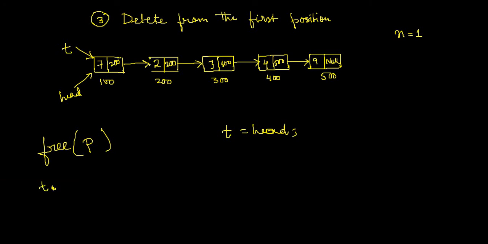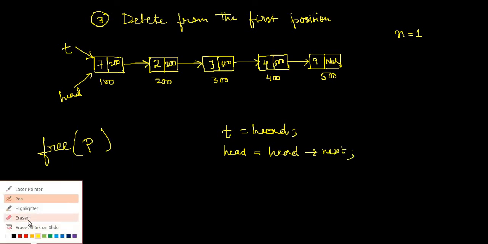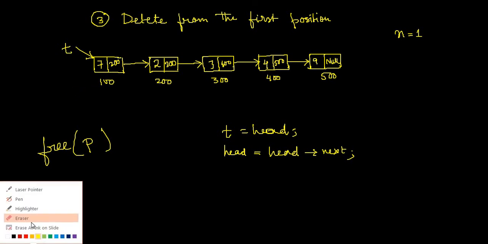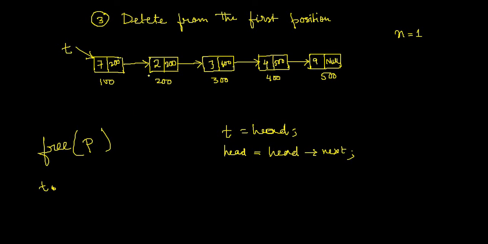Then if you apply head equal to head next, this head is no more pointing to this node, rather head is now pointing to the second node. Fine. But I am still pointing to this node by t.